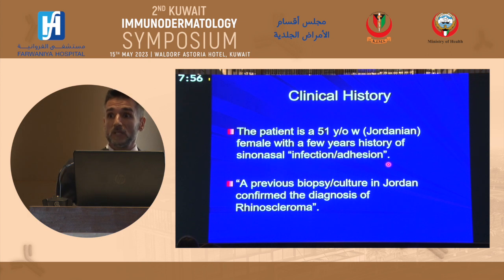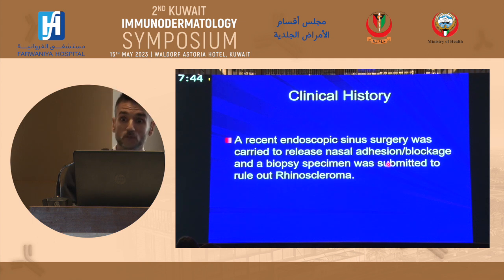The patient underwent multiple procedures to try to release the adhesion in the sinonasal tract and help her breathe better. And the clinicians were really interested in writing up a case report about this case. I told them we cannot do this without confirming the diagnosis of rhinoscleroma, unfortunately.